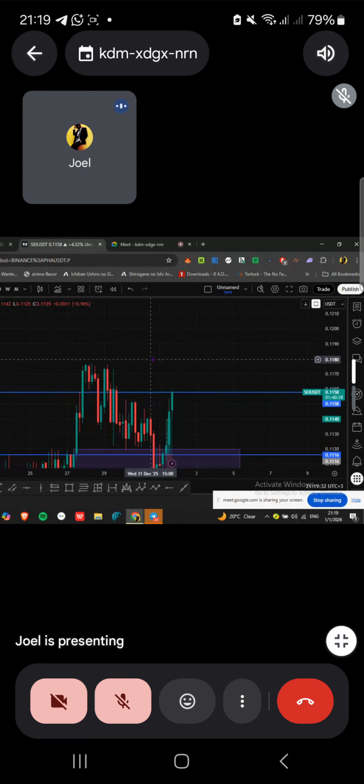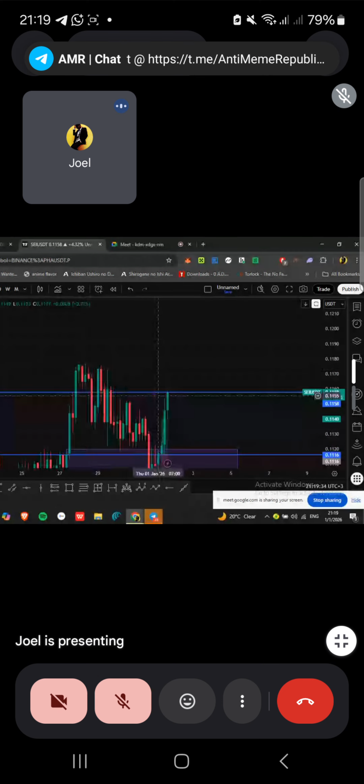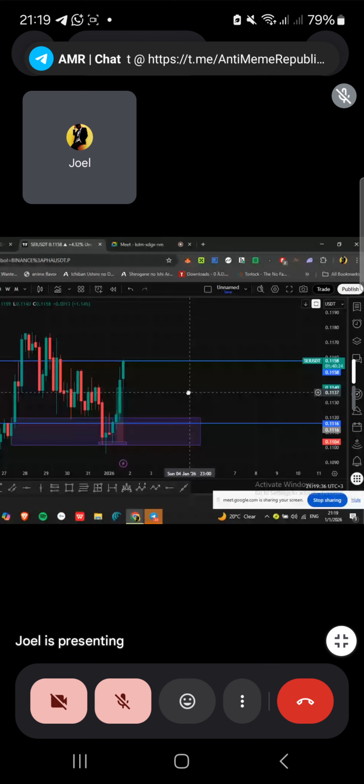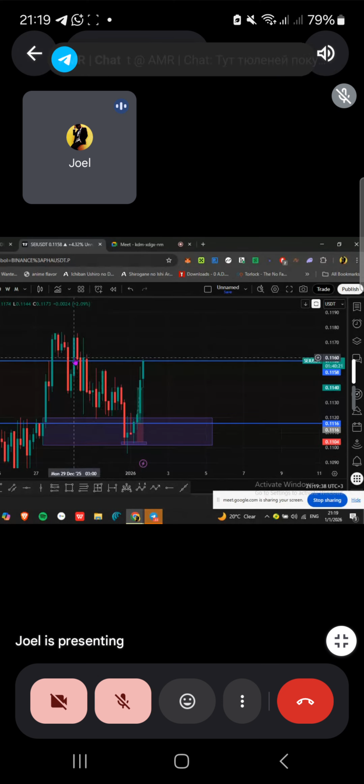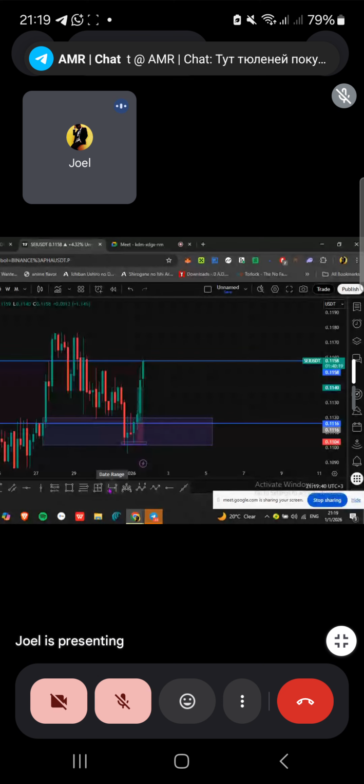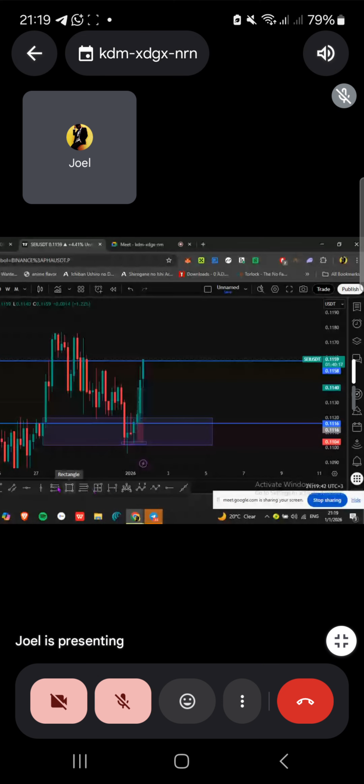Because now here, if I look at this, the price has made a move and I would have stopped here. My stop loss would have been exactly at around this point here.